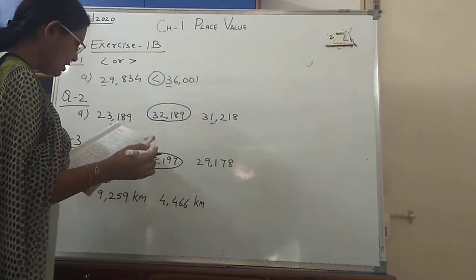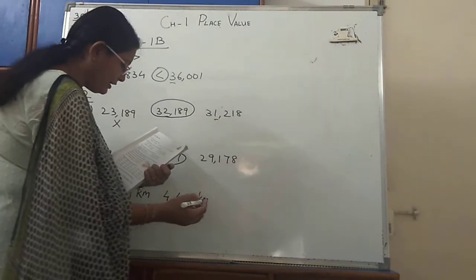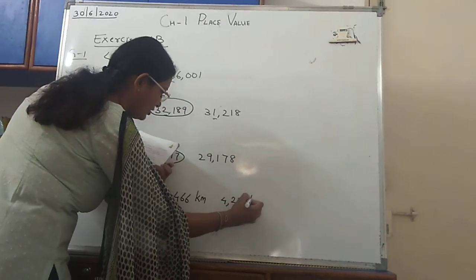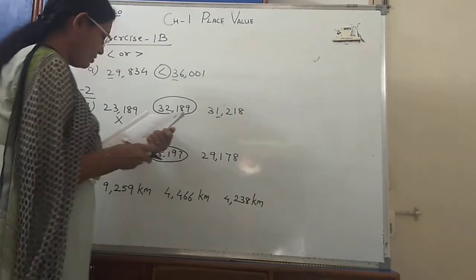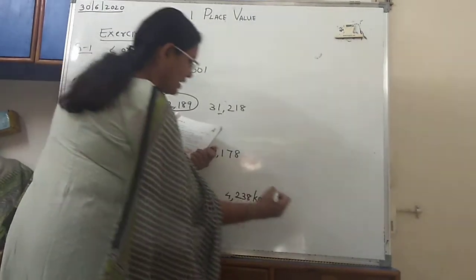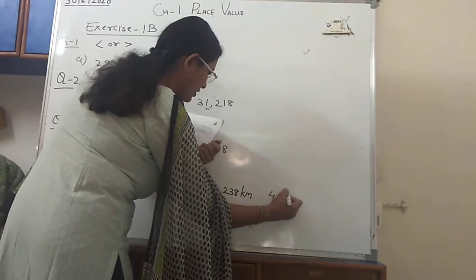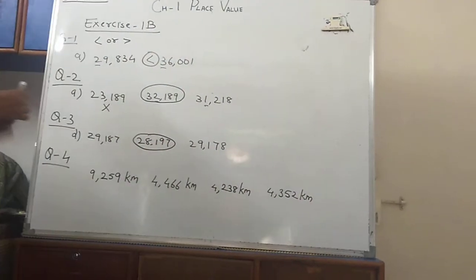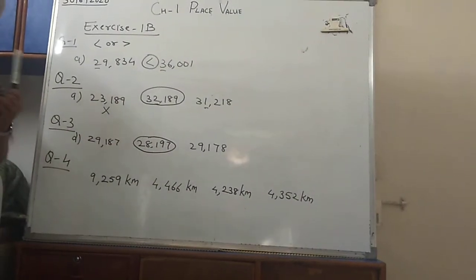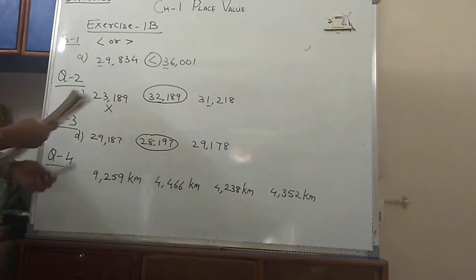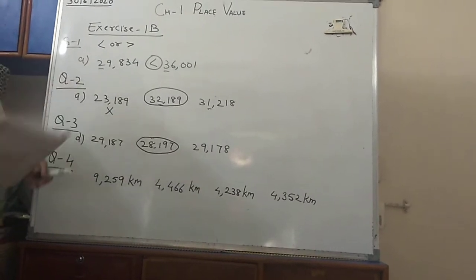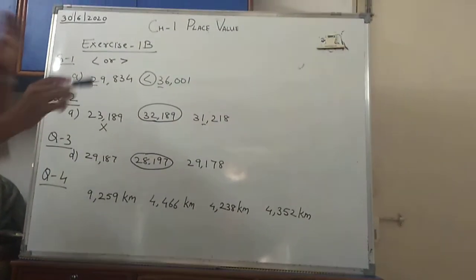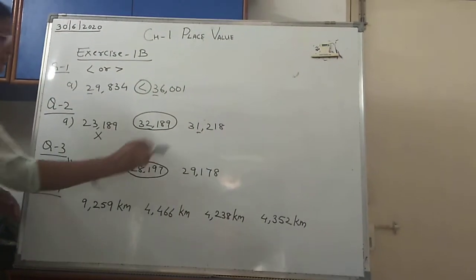Okay. The third, Dibrugarh to Kanyakumari in India is 4,238 kilometer, right? And the Sydney to Perth in Australia is 4,352 kilometer, right? So these four numbers we have got, which we have to compare. These are the distance between two different places. Okay. Now we have to compare ascending order. Ascending order means, remember, A start from small, so from small to big.